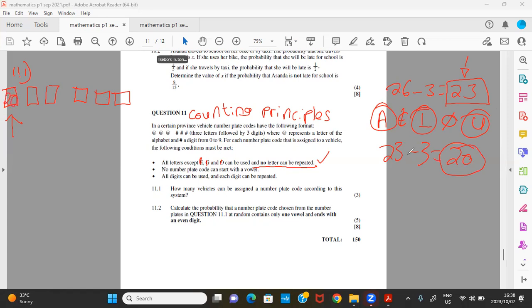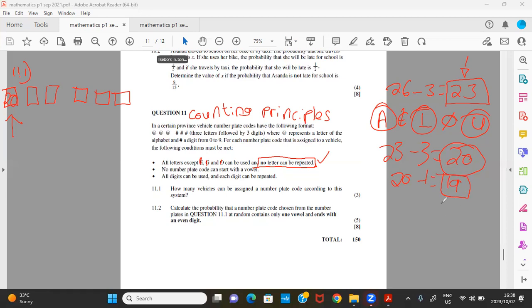Né? Are you catching me there? Né? Yeah. And then now, since they said no letter can be repeated, since I used 20 letters, that means whatever letter that I use, let's say for the first letter, I use N. That means N must be removed, né, going further. So since I used one letter, that means I must say 20 minus 1. Now I'm left with 19, right?